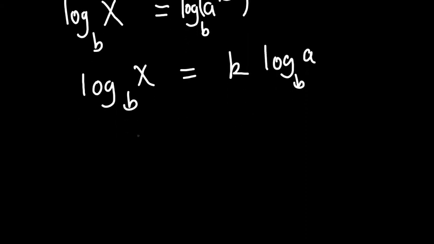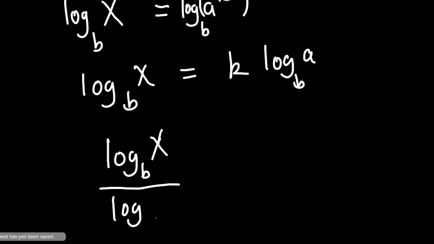So if we make k the separate formula, we have log x base b over log a base b to be equal to k. So you see now a is no longer a base, but b is a base.